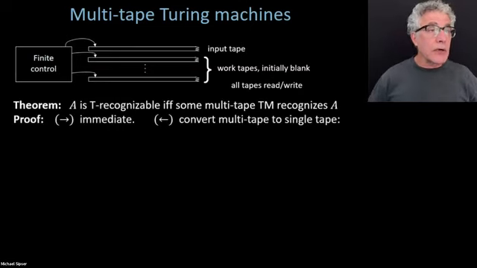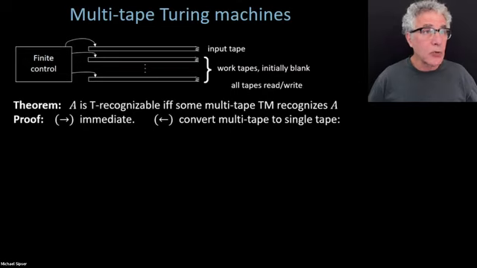So the theorem is that a language is Turing recognizable, and when we say Turing recognizable, for now we mean with 1 tape, that's the way we've defined it, if and only if some multi-tape Turing machine recognizes that language.